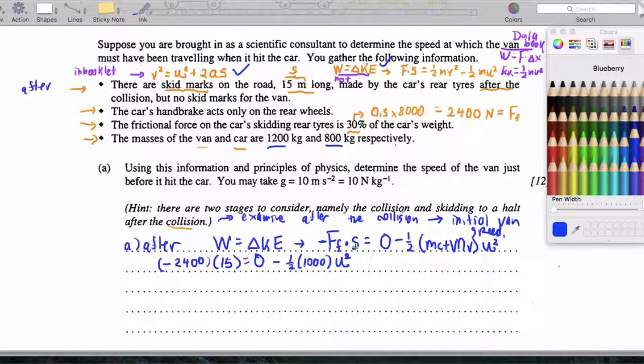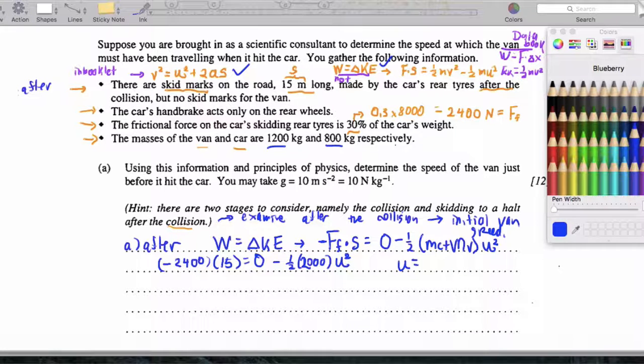This is their speed traveling together. Before I isolate u, I realized the sum of their masses is 1200 plus 800, which is 2000 kilograms. So I need to correct that.